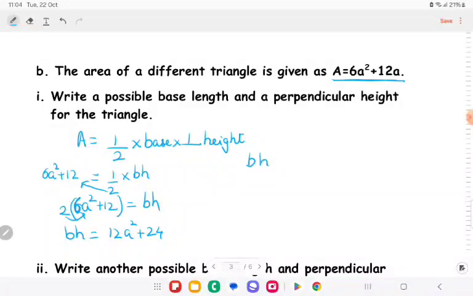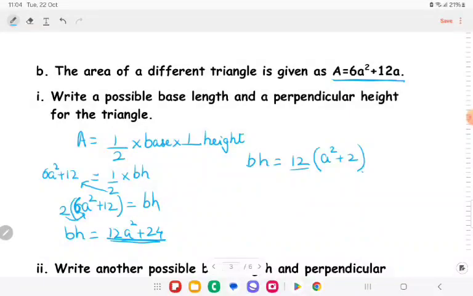Base into height could also be written as, see, the common number between 12 and 24 is 12. We'll keep it outside the bracket, and inside we can write an a square plus 2. Correct?